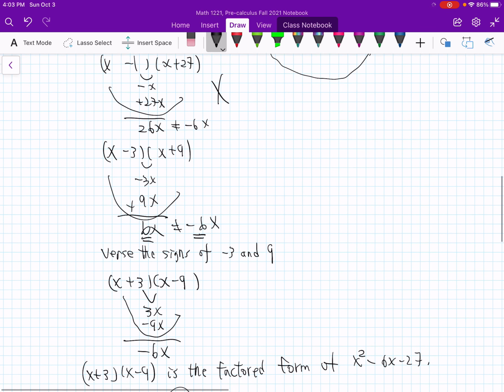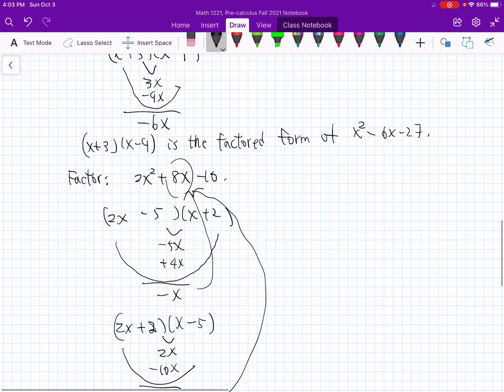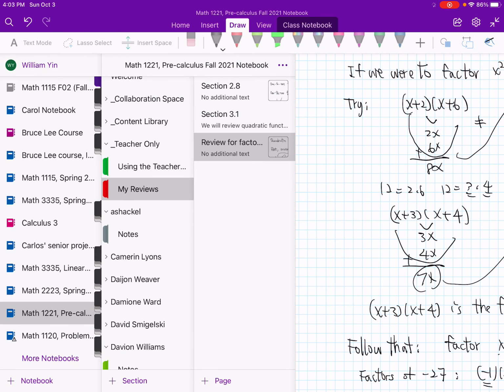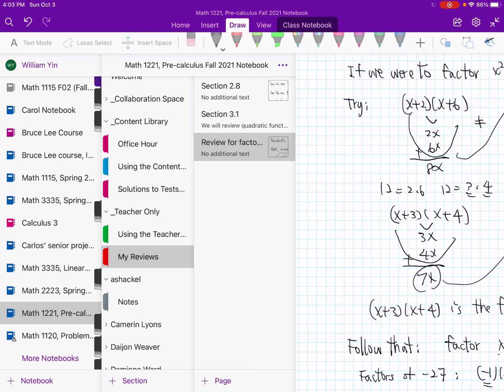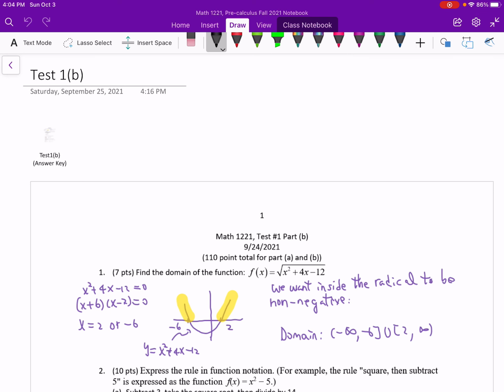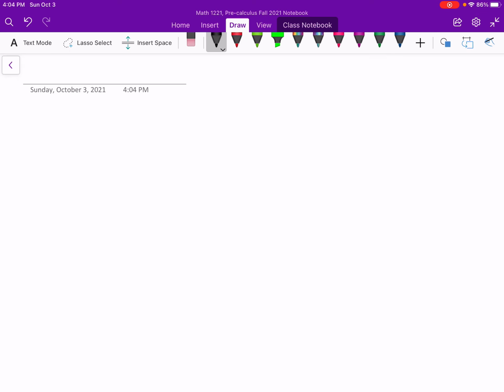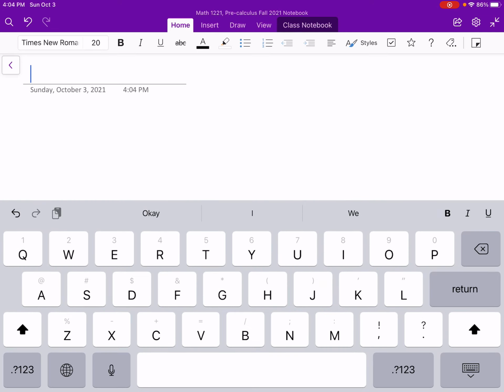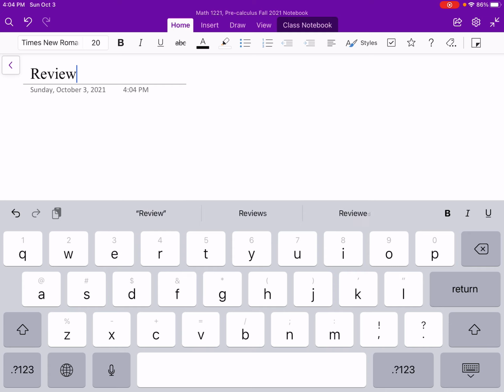Okay, and I will share these particular notes in the content area. You can see the content library. I will have, let's just see, under the solution to the test, a section I just call Review of factoring.